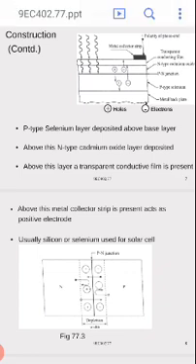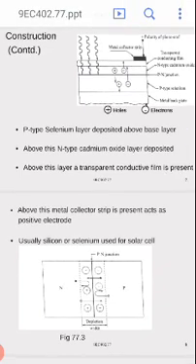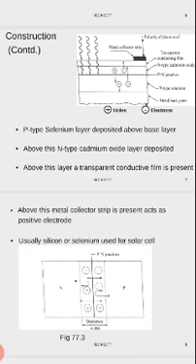At the junction, there is a depletion layer. In depletion layer, ions are present. Positive ions are present at N-type material and negative ions are present at p-type material.